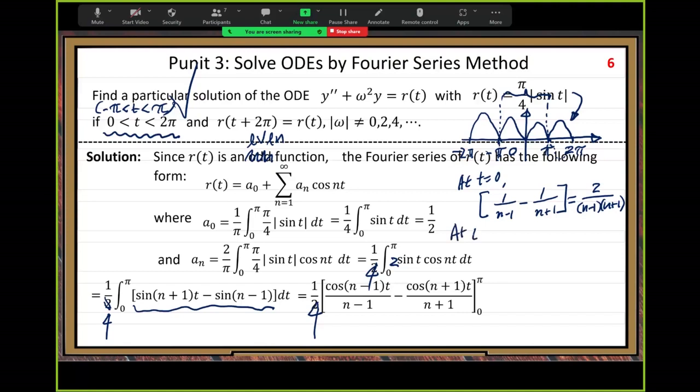But at t equals pi, let's look at the bracket, still the bracket. Cosine of n minus 1 times pi is negative 1 to the n minus 1. Cosine of n plus 1 times pi is negative 1 to the n plus 1, right?